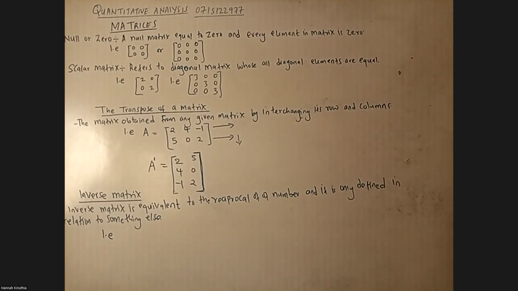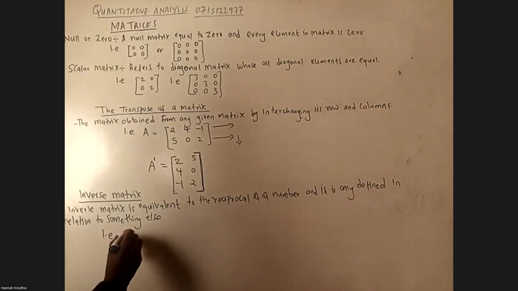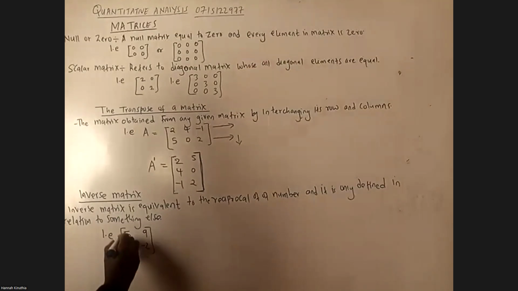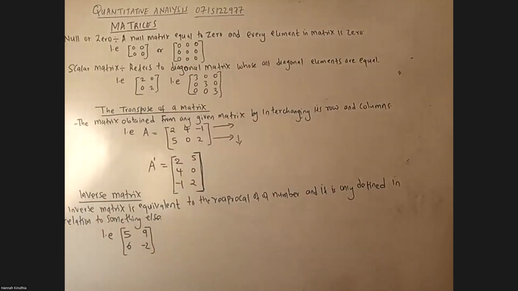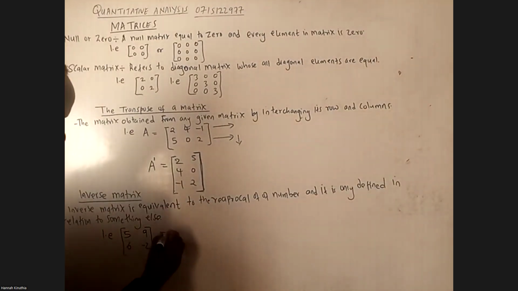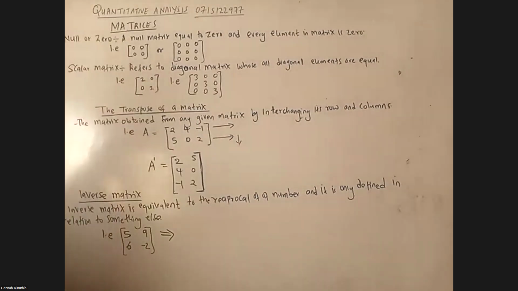So let us do 5, 9, 6, minus 2. How do we find the inverse of that item? Let us see how to find the inverse.